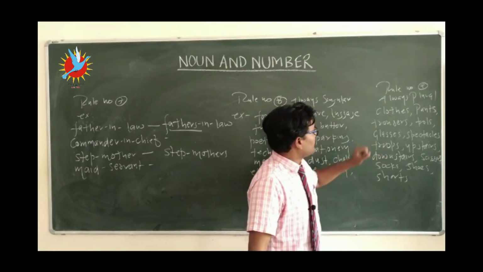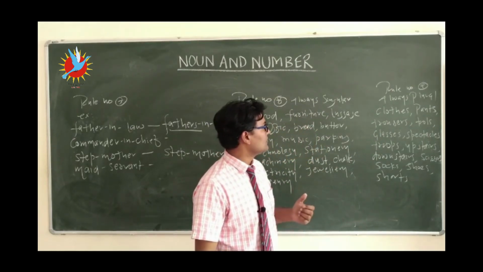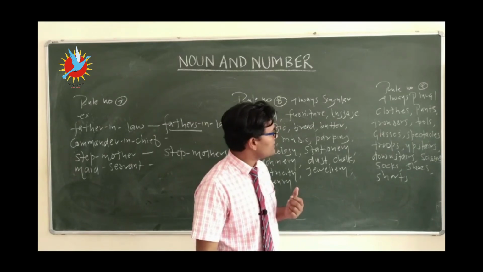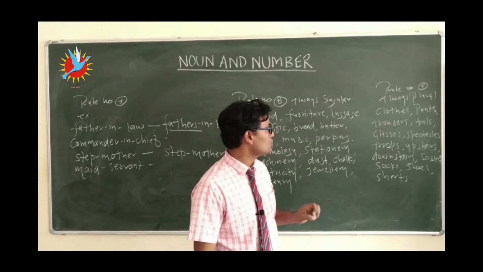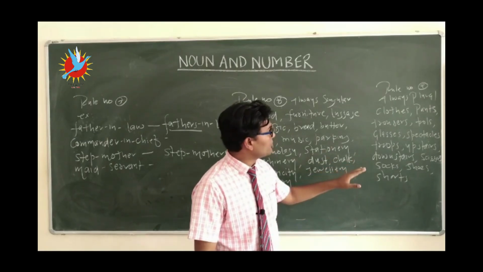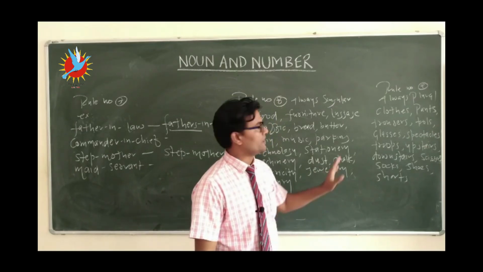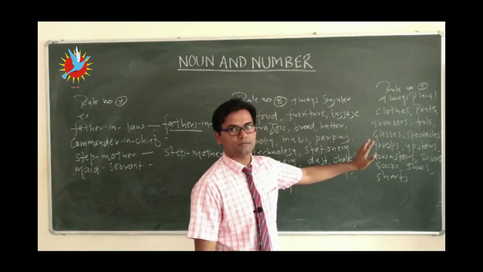Okay, like clothes, pants, trousers, tools, glasses, spectacles, troops, upstairs, downstairs, scissors, socks, shoes, shorts. You cannot change these plurals into singular. Okay, it's not possible. They will always be plural number.